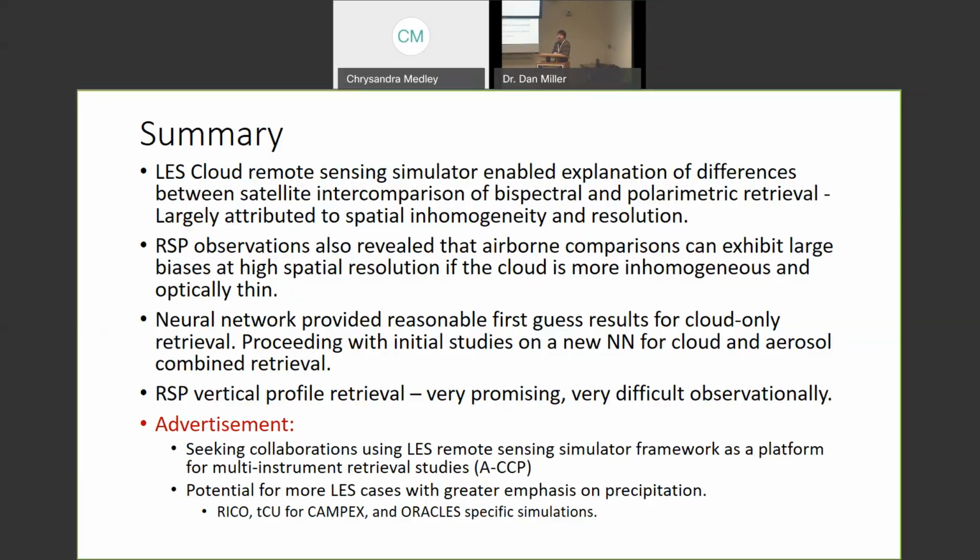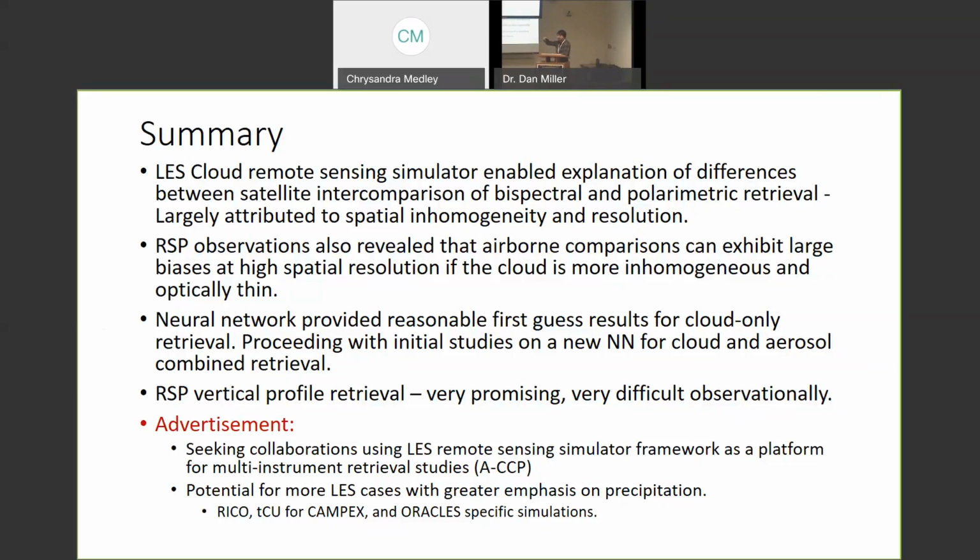And does any kind of surface have a BRDF model? Yeah, you can do BRDF models. They have some pre-built libraries for vegetative surfaces and such. In my studies, I wasn't using that feature, but you can do all sorts of stuff with the surface.